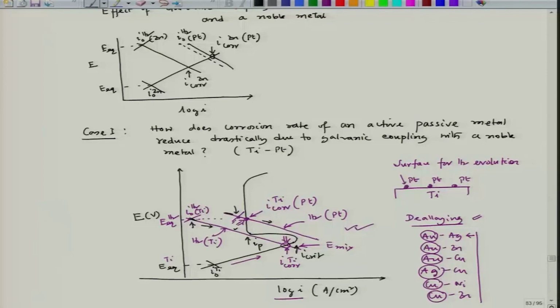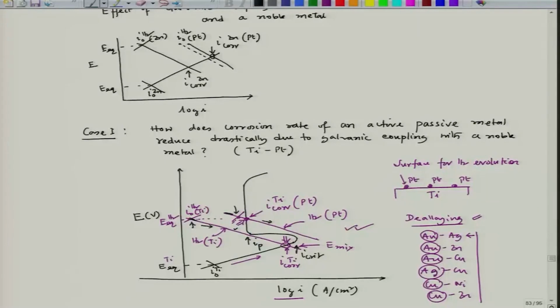That means the current density difference between these two lines would be very large, and if you take log scale for those current densities, the addition of the hydrogen evolution reaction on the iron surface would have very minimal effect on the hydrogen evolution reaction on the platinum surface. So, that is why I have not added it, but you can also add it, and that addition will be very close to it. Actually, it will almost merge on top of the existing cathodic line on the platinum surface.